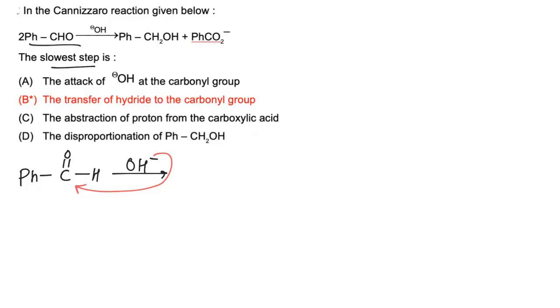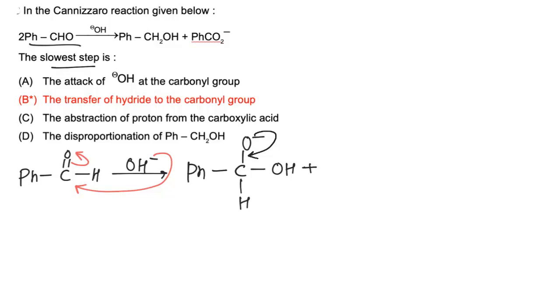So in the first step OH negative acts as a nucleophile and simultaneously the carbon-oxygen electrons are shifted to the more electronegative oxygen atom, and it will be converted to PhC(O negative)(OH)H. Now this O negative is a very strong electron donor, so it will donate electrons towards carbon.